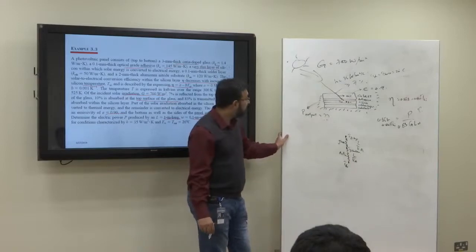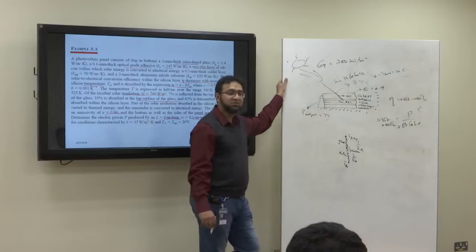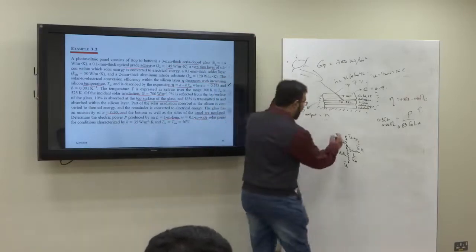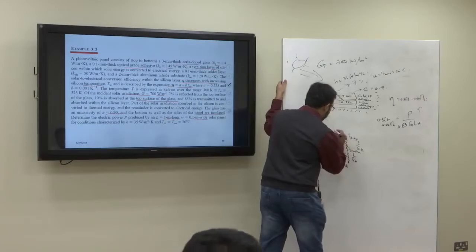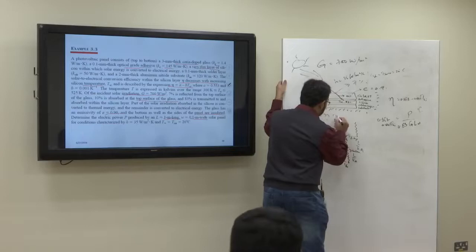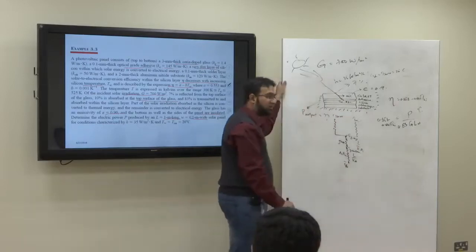Okay, after the glass, what do we have? Then we have radiation and convection, and they should be parallel. Right? So T surrounding, T infinity, right?